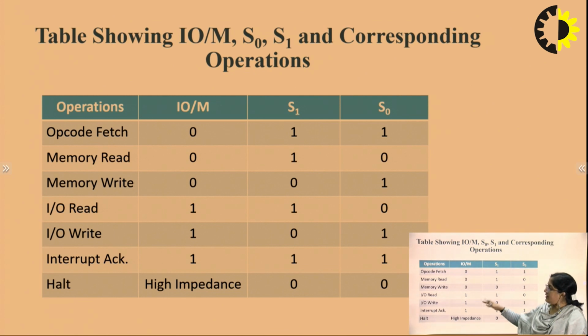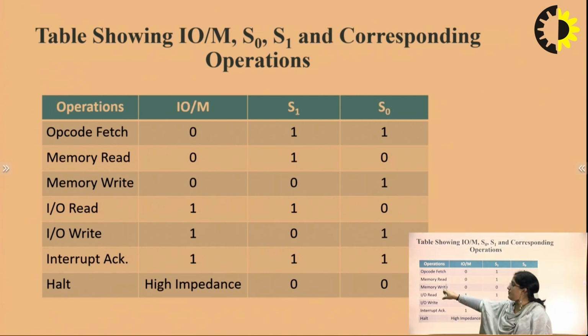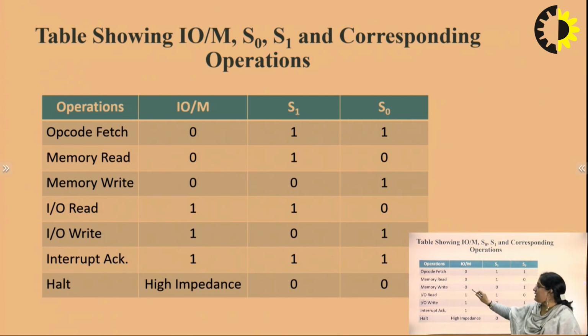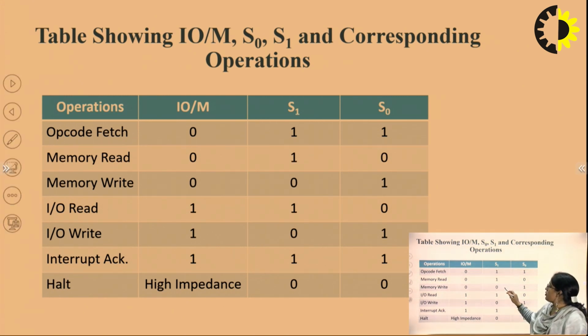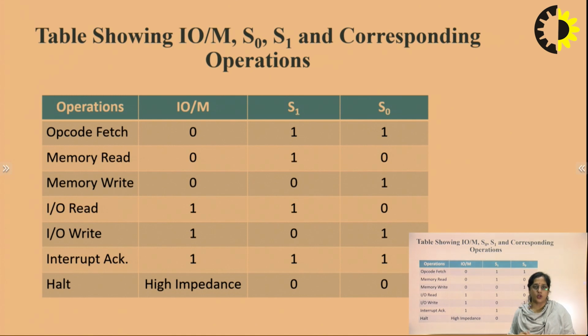Suppose the microprocessor is going to perform a memory operation, then IO/M bar will be 0, S1 will be 0 and S0 will be 1. This indicates that the microprocessor is dealing with memory and a write operation is going to be performed.